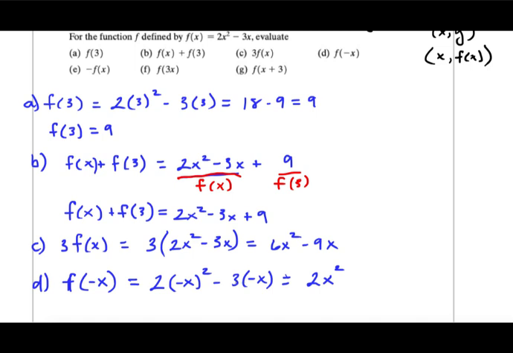So I get negative 3x, so I get minus negative 3x, which is plus 3x. And so f of negative x, or f of the opposite of x, is 2x squared plus 3x.